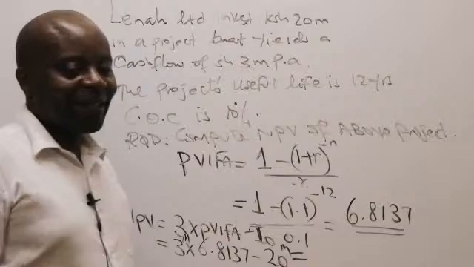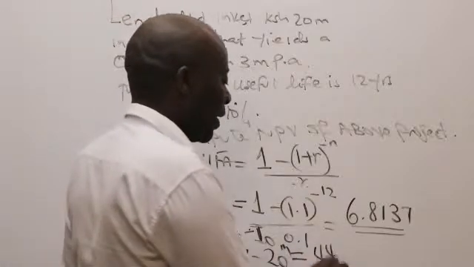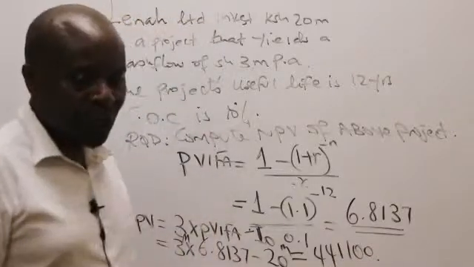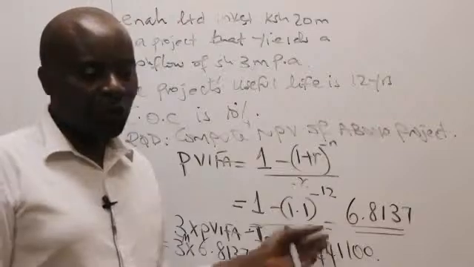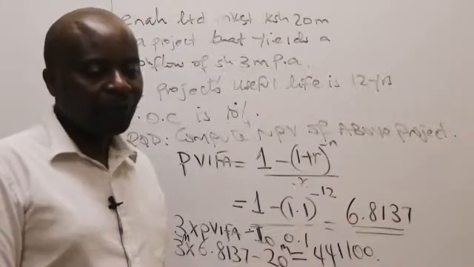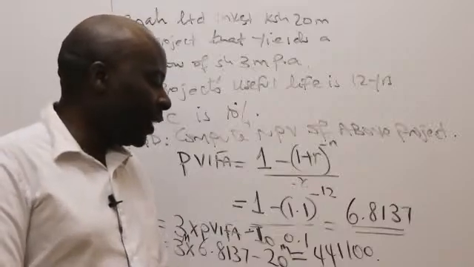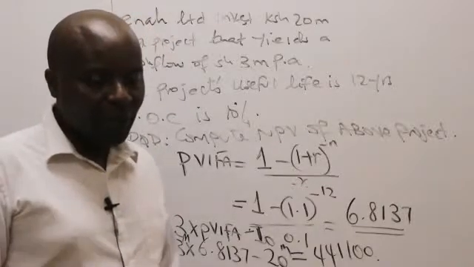So 441,100. And my brother Silas had a figure that was quite close to this, the same with Elias. Whatever differences we have there are quite small, and they are allowed by your examiner.